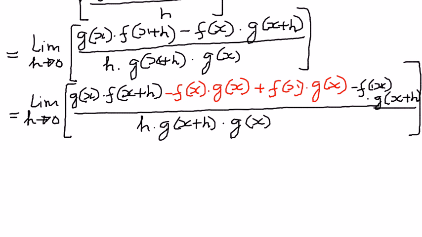If I combine g of x times f of x plus h minus f of x times g of x, if we combine that part, and then combine the second part like this, f of x times g of x minus f of x times g of x plus h, let me put a bracket there.